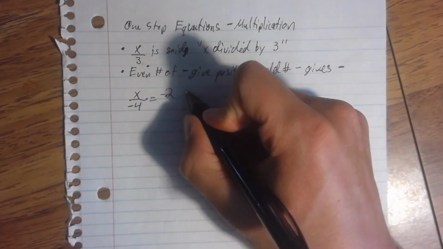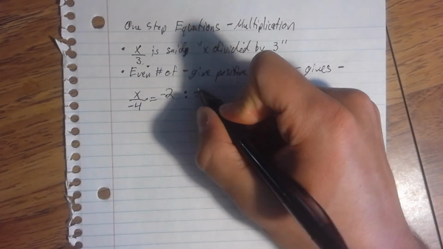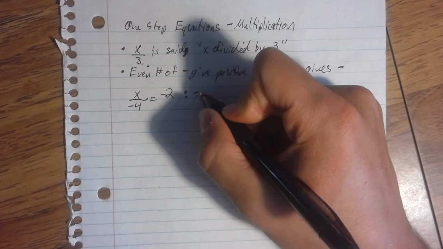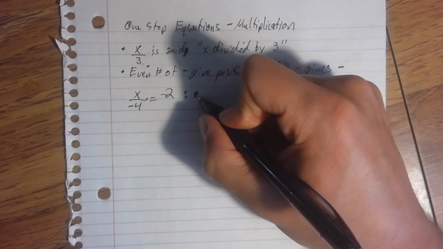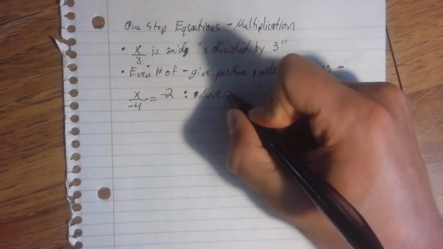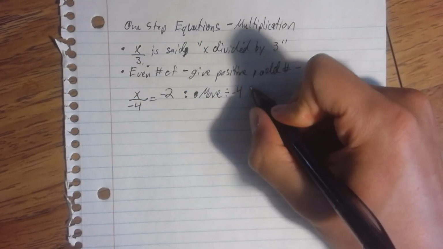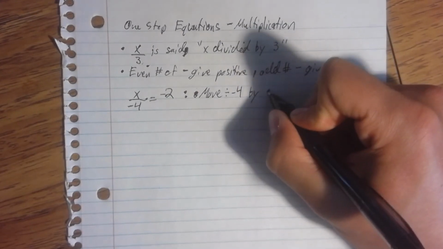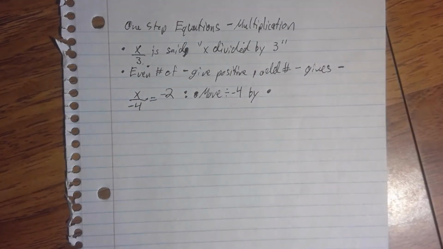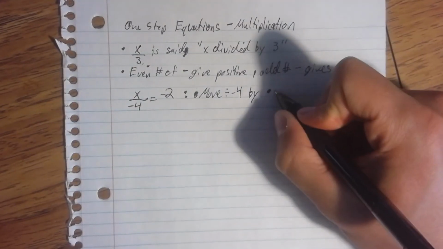So the opposite of dividing by negative 4 is going to be multiplying by negative 4. So we're going to move our divide by negative 4 by multiplying. And we're going to just use a dot for multiplying. We don't want to use an x because we have an x there. By multiplying by negative 4.